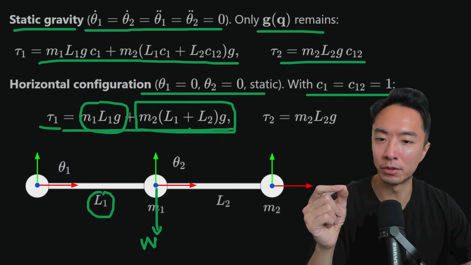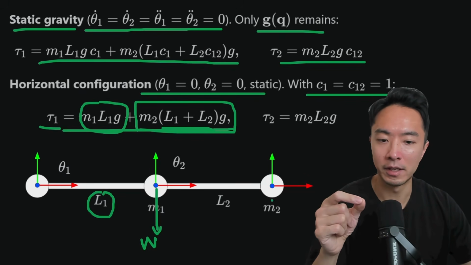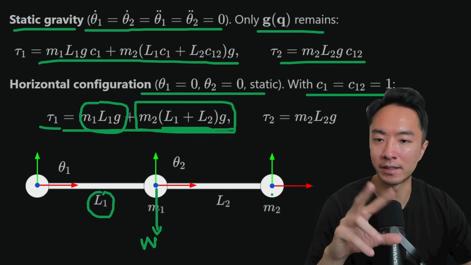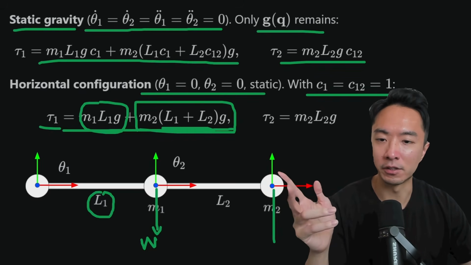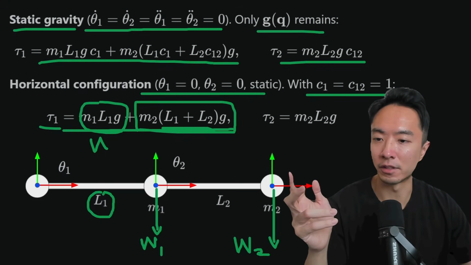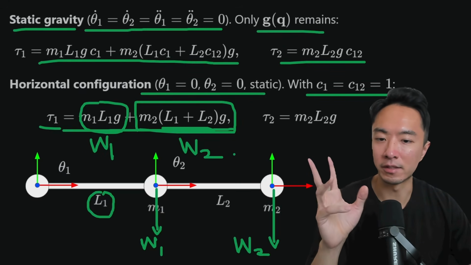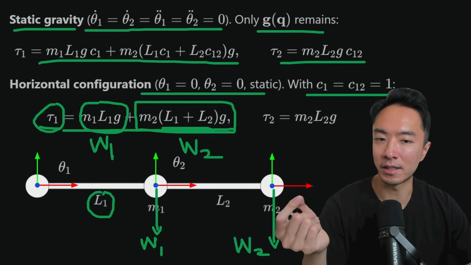You have m2 times L1 plus L2. So it's saying that mass 2 is at a distance of L1 plus L2 away from the first joint. So this is your second W. We could think of this as W1 and W2, so this is your W1 component and your W2 component. And then because it's torque, you multiply by the two lengths. So this tau 1 makes sense conceptually.